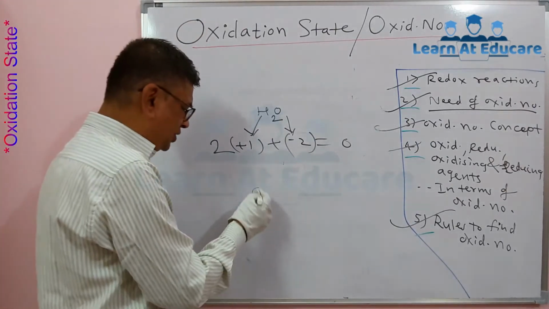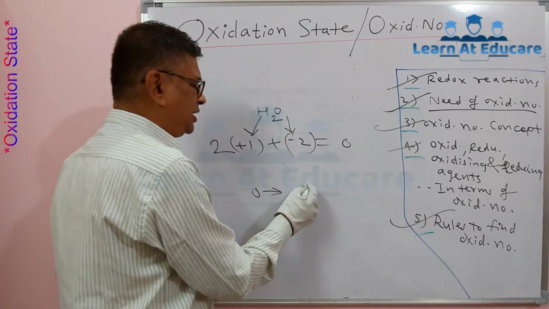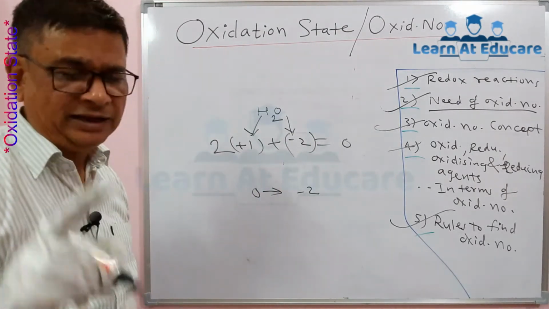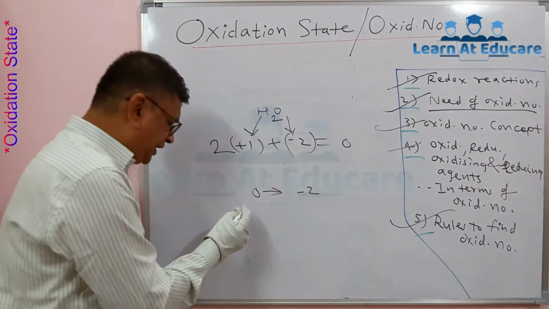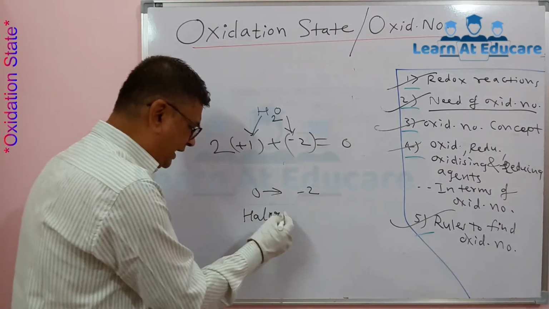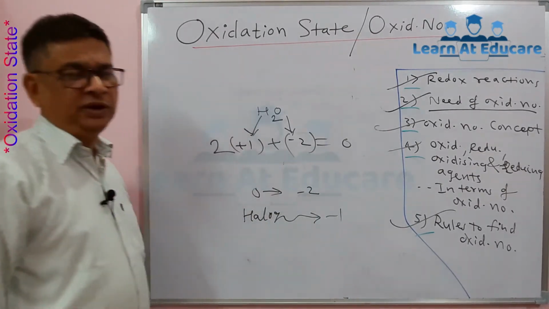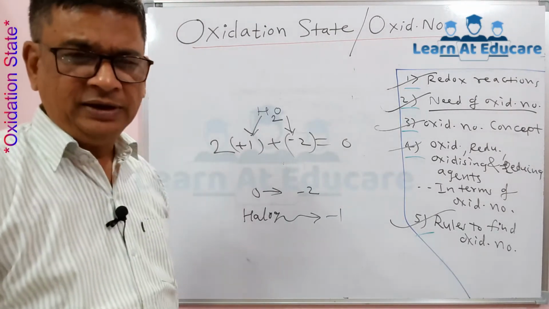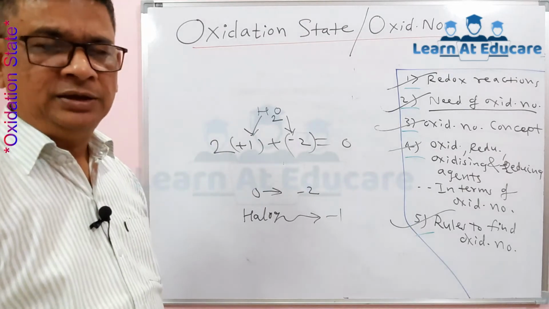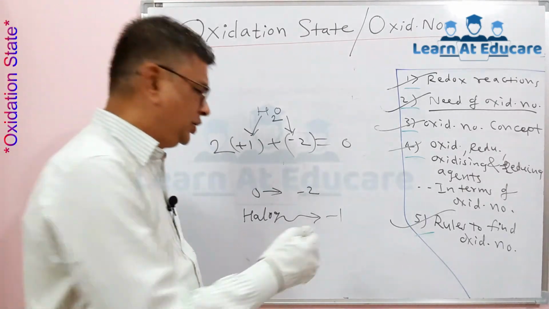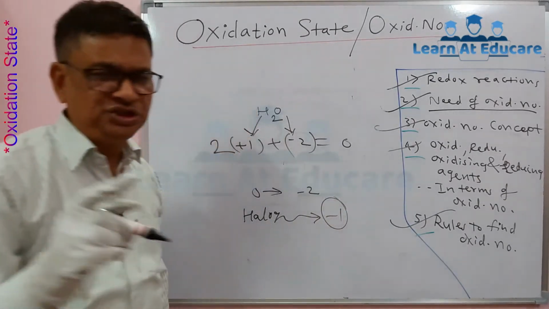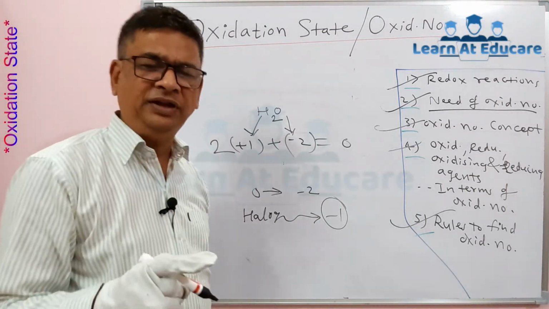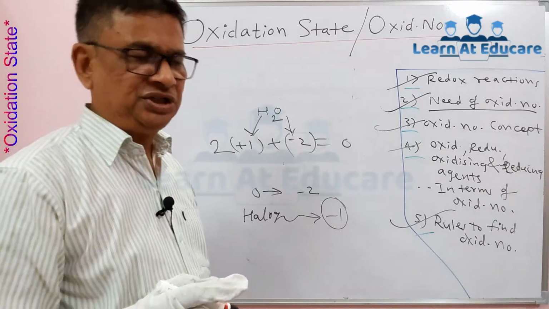Oxidation number of oxygen in most compounds is minus 2 except in peroxides and compounds with fluorine. Oxidation number of all halogens is minus 1. However, because fluorine is the most electronegative and it has no vacant d orbital, therefore fluorine has only -1 oxidation state, but other halogens, chlorine, bromine, iodine, also have positive oxidation numbers.